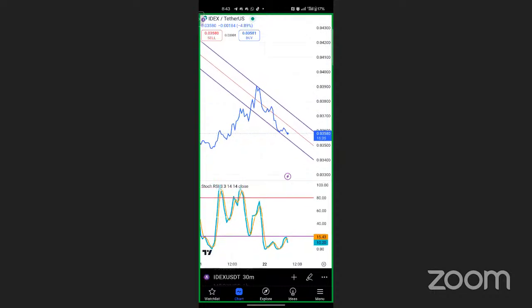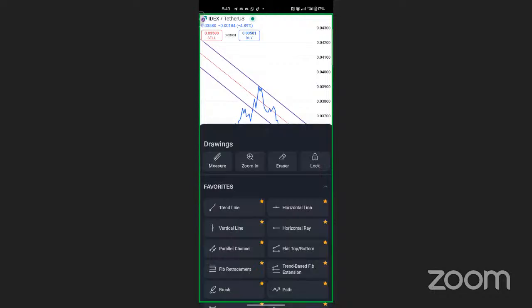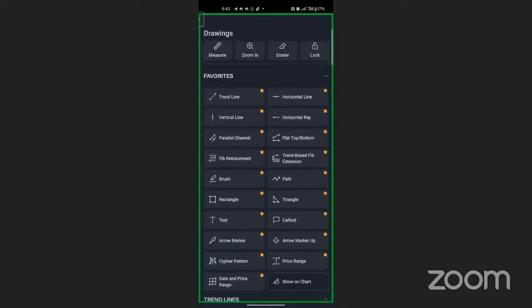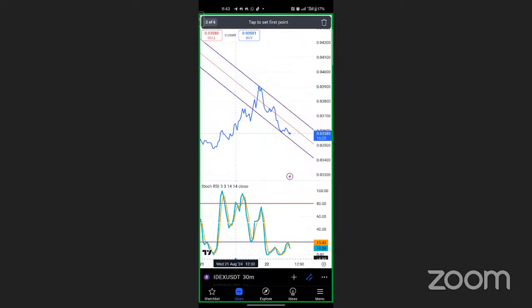Like you draw support and resistance on the chart, you also draw support and resistance on indicators like the RSI, because it also forms points. I can construct a parallel channel on my RSI like this, then stretch it.